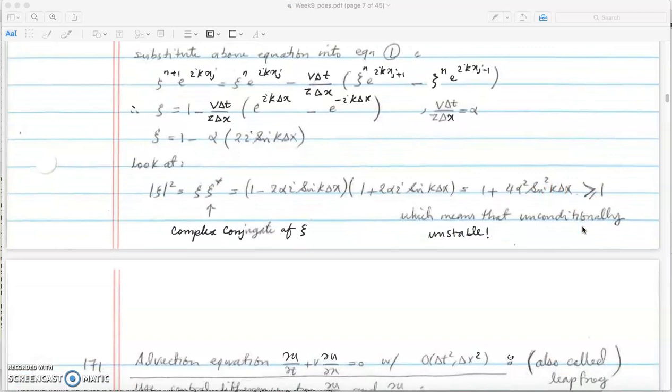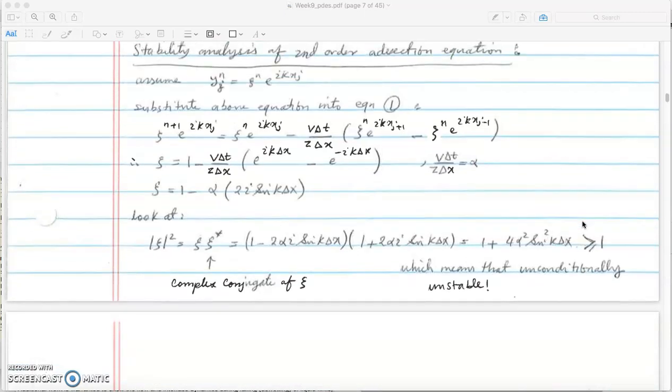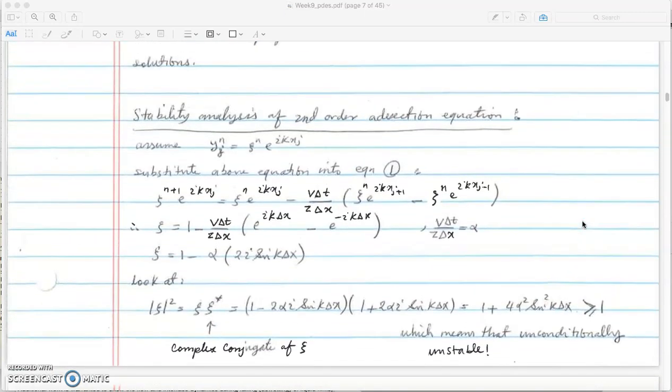So hope this is convincing enough to say that forward Euler in time and central difference in space is unconditionally unstable.